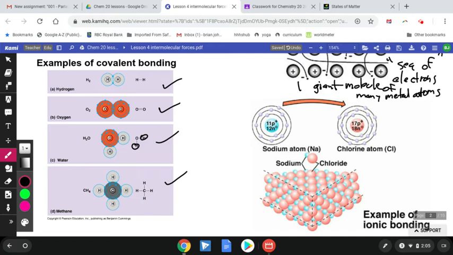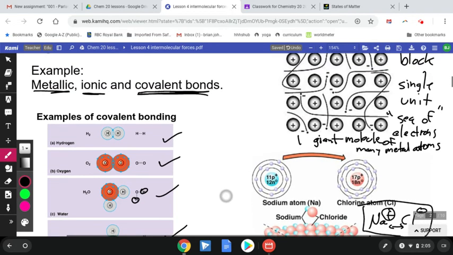We say that the Na plus and the Cl minus, which form one unit, are attracted by a force within the molecule. The positive sodium is attracted to the negative chlorine, making the ionic bond, which is also within a molecular unit. So 3 examples of intramolecular.